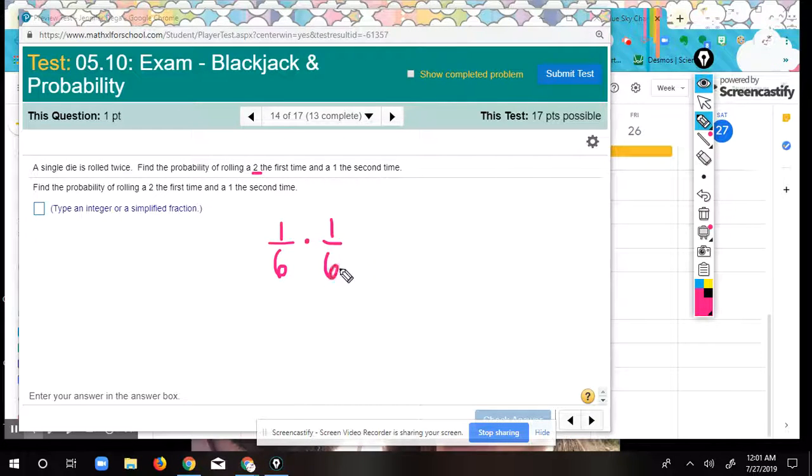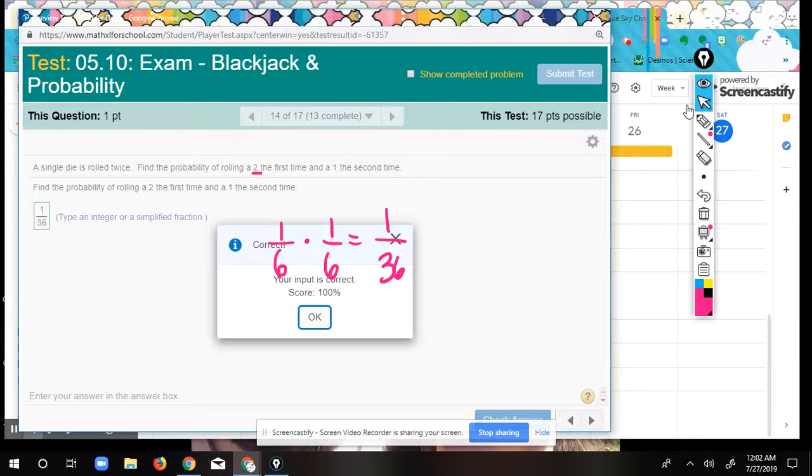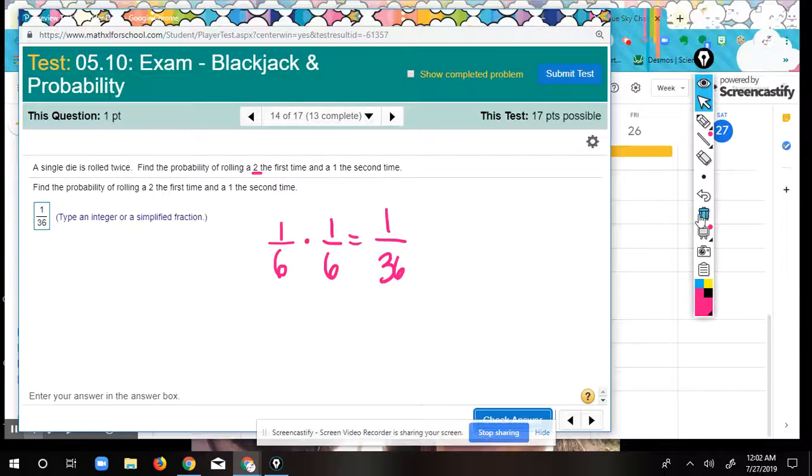That's another 1 out of 6. So we'd say 1 out of 36. So there's a 1 out of 36 chance of that happening. Remember, to find the probability of those compound events, you just find the probability of each one separately and then multiply it together.